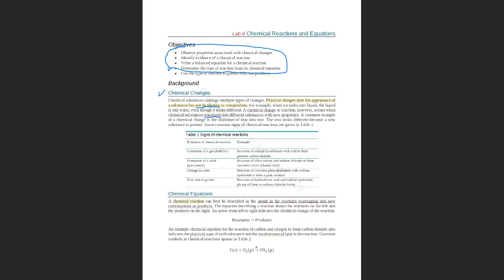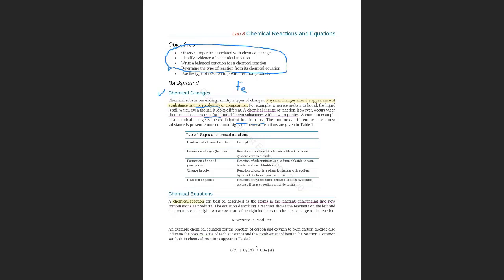They give us a common example of chemical change: the oxidation of iron into rust. Let's say you have an iron nail and you leave it outdoors, and you come back after a few days and the color has changed. You see rust. We know that. And that is a chemical reaction. Why?